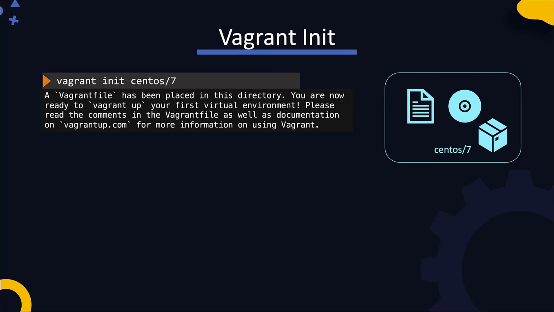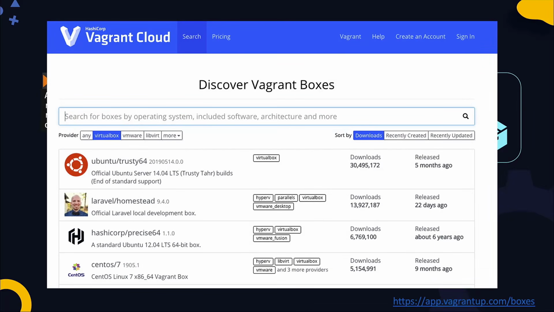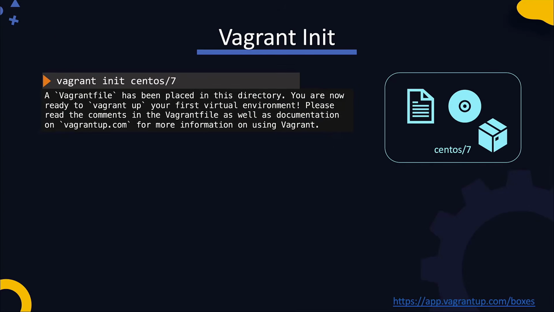You can find a list of all publicly available Vagrant boxes at Vagrant Cloud by visiting app.vagrantup.com/boxes. Search and find the box of your choice. Running the vagrant init command initializes the Vagrant box in the current directory and creates a Vagrantfile. The Vagrantfile has instructions on customizing your box.